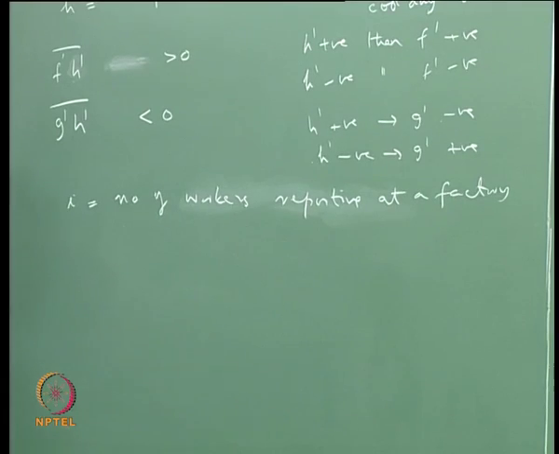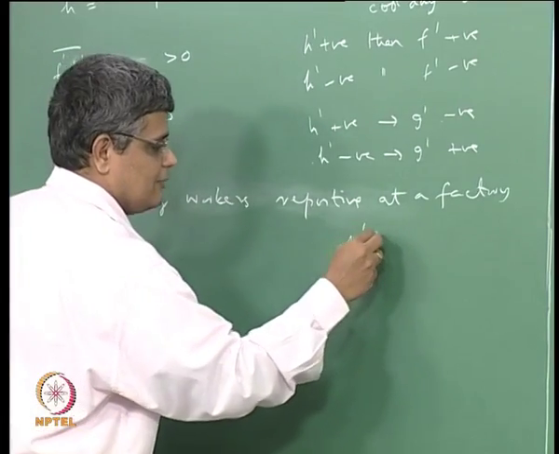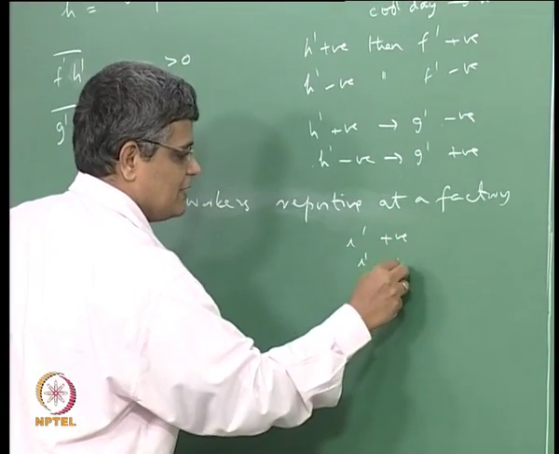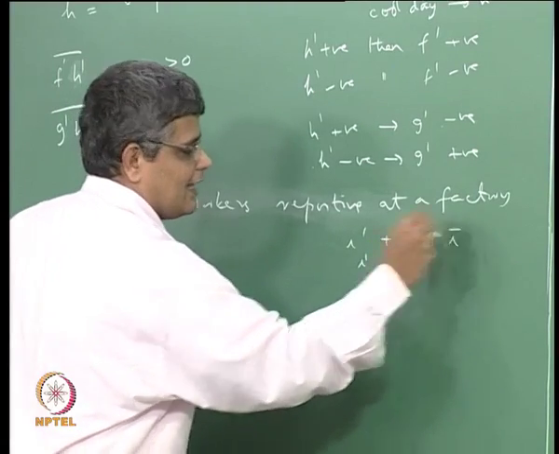So there is going to be I prime positive and I prime negative, giving us an average value.